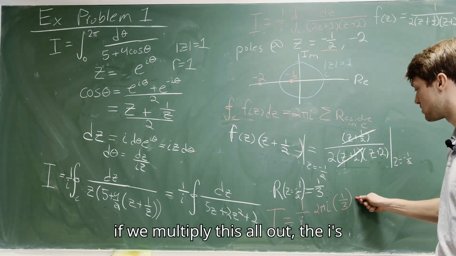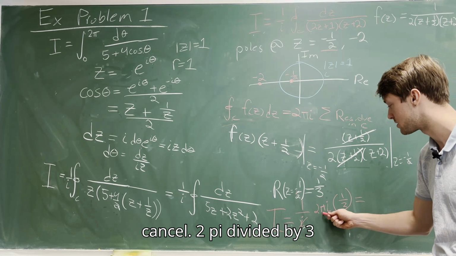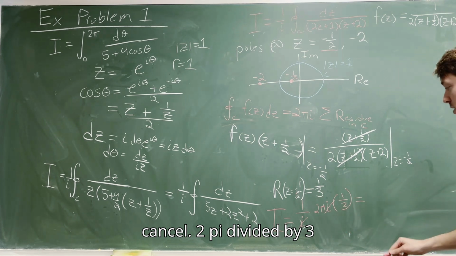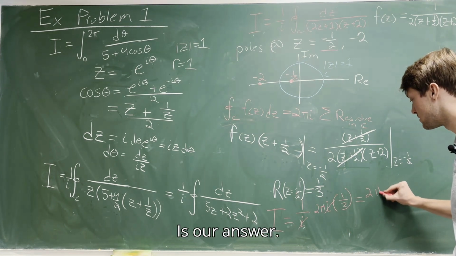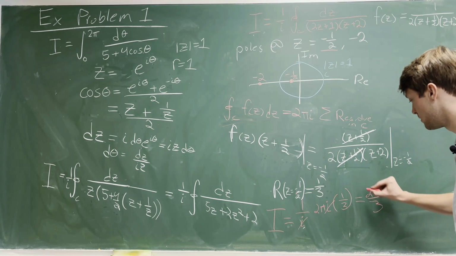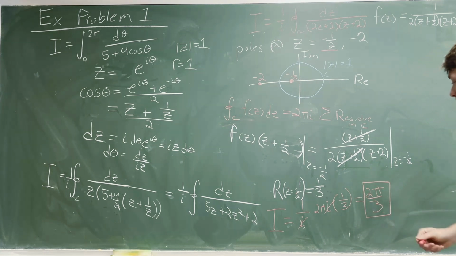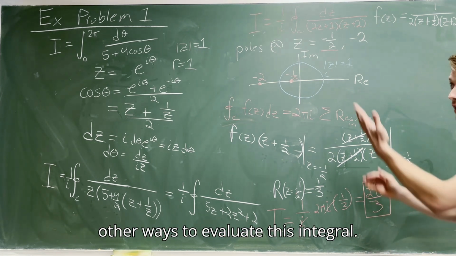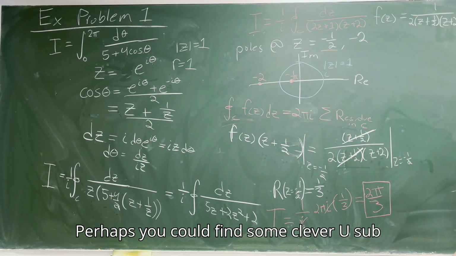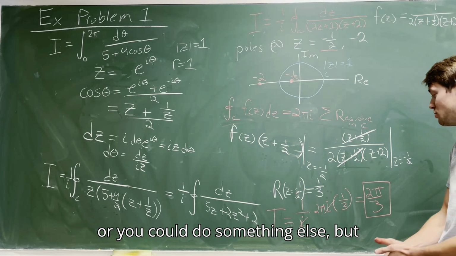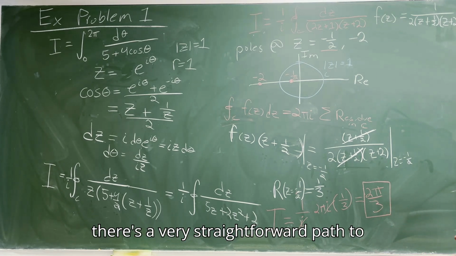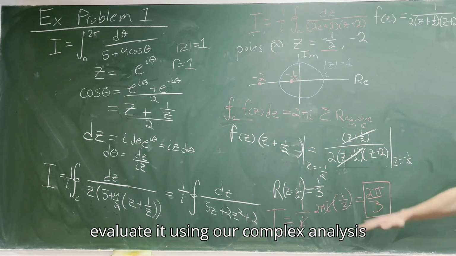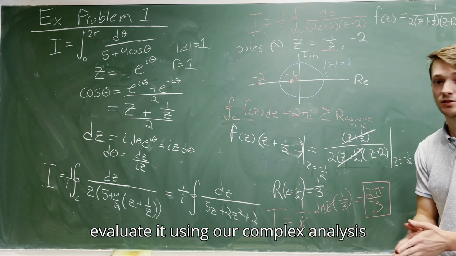And if we multiply this all out, the i's cancel. 2 pi divided by 3 is our answer. I'm not going to say that there aren't other ways to evaluate this integral. Perhaps you could find some clever u substitution, or you could do something else. But there's a very straightforward path to evaluate it using our complex analysis tools.